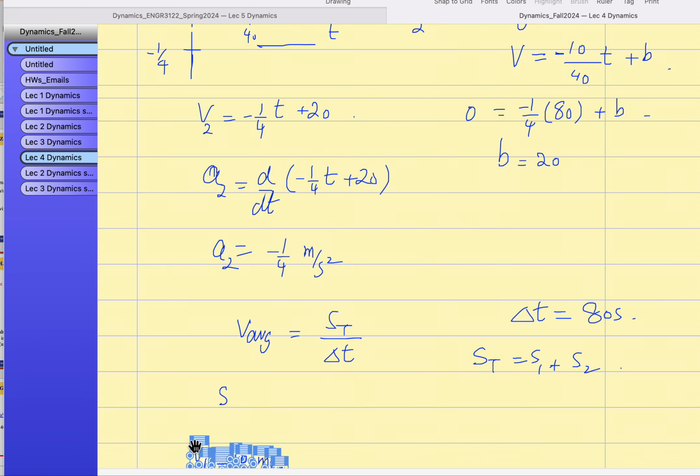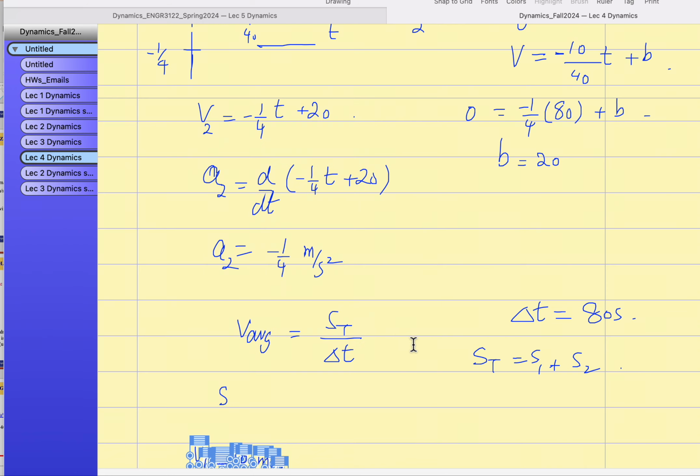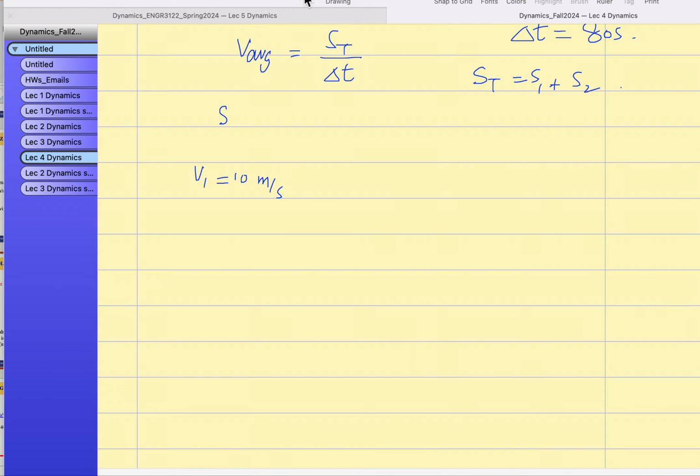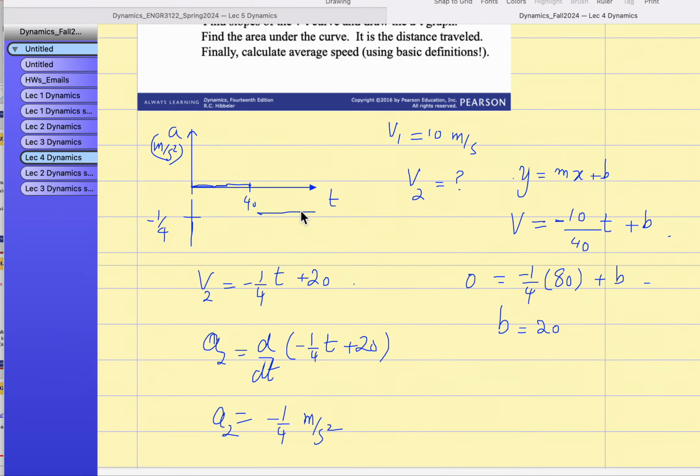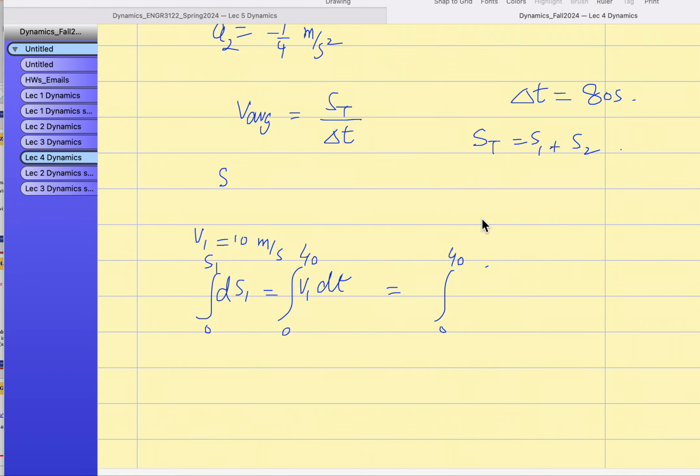I'm going to show you here the integral of ds1 equals v1 dt. From 0 to s1, and 0 time to what time? We have to find up to 40 seconds, correct? So 0 to 40, and v1 equals 10 meters per second.